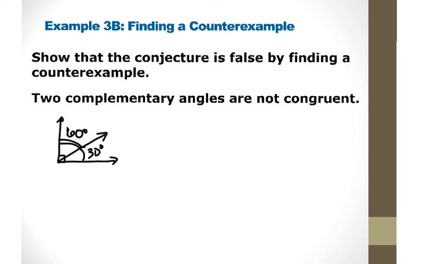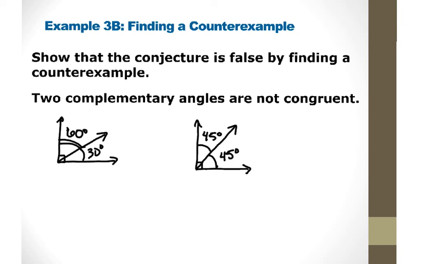So this statement holds true, but let's look at the one and only counterexample that would show that this conjecture is false, which would be this right here. If we had a 45-degree angle and another 45-degree angle, those numbers add up to 90, so they're complementary.